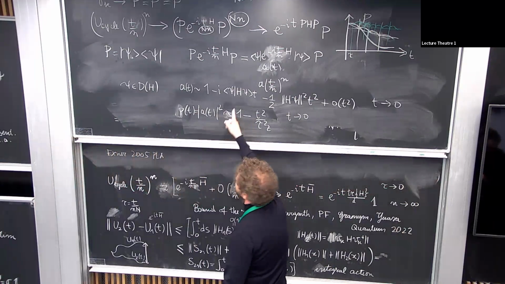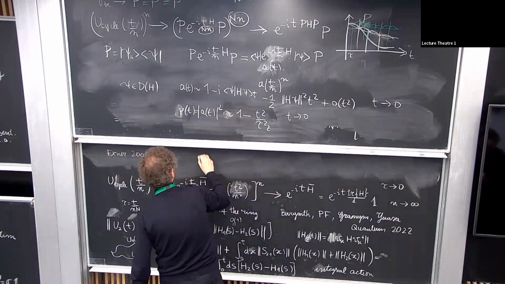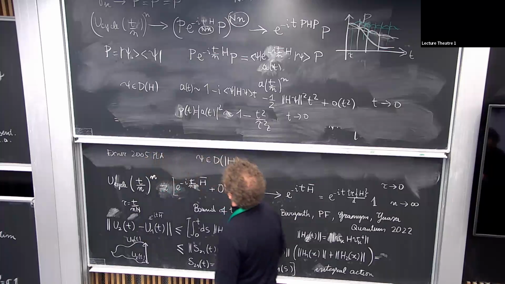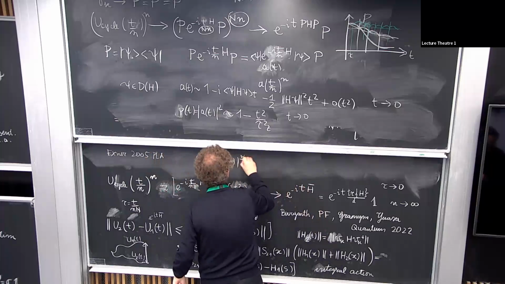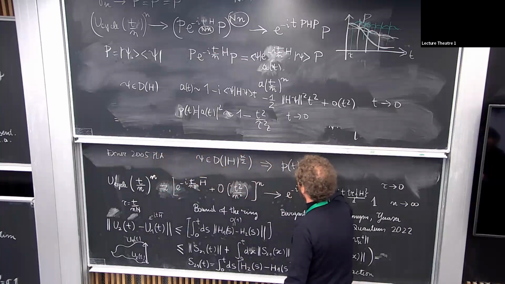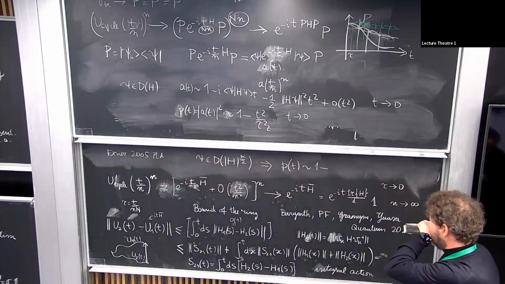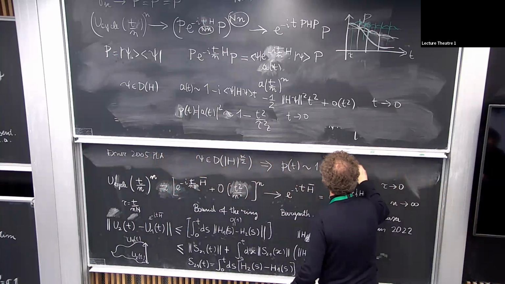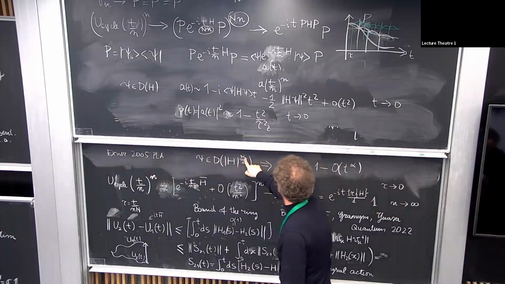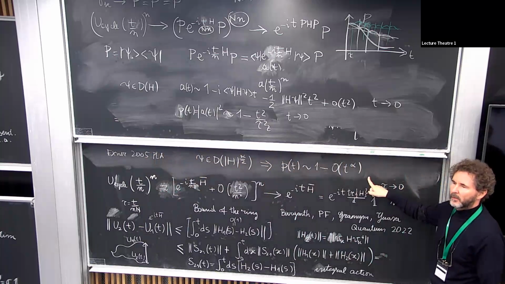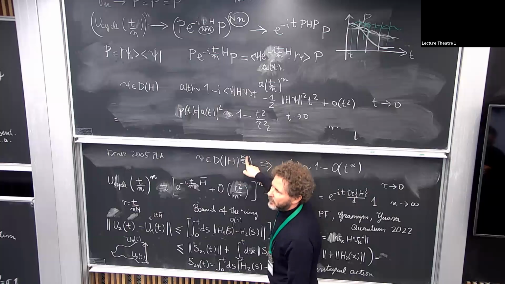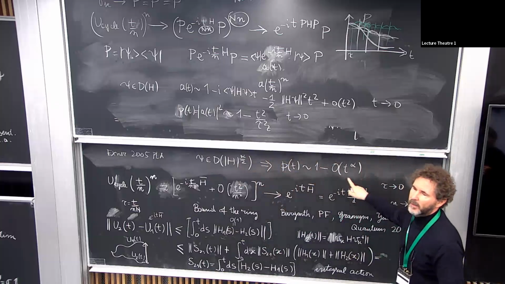Essentially, if you look at the spectral representation of H, if psi is in the domain of H to the alpha over 2, then the probability goes like 1 minus order t to the power alpha. So if psi is in the domain of the Hamiltonian, alpha equals 2, you get quadratic behavior. If it is in the domain of H to the alpha with smaller alpha, you can have exponential behavior, 1 minus gamma t.